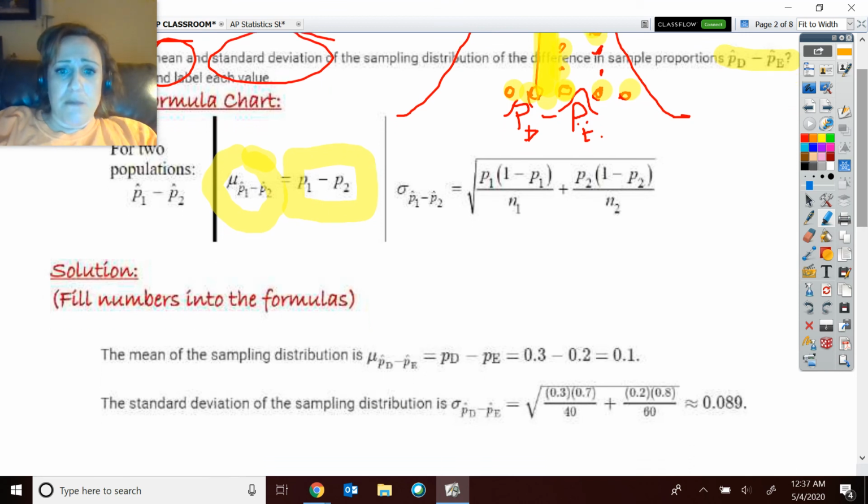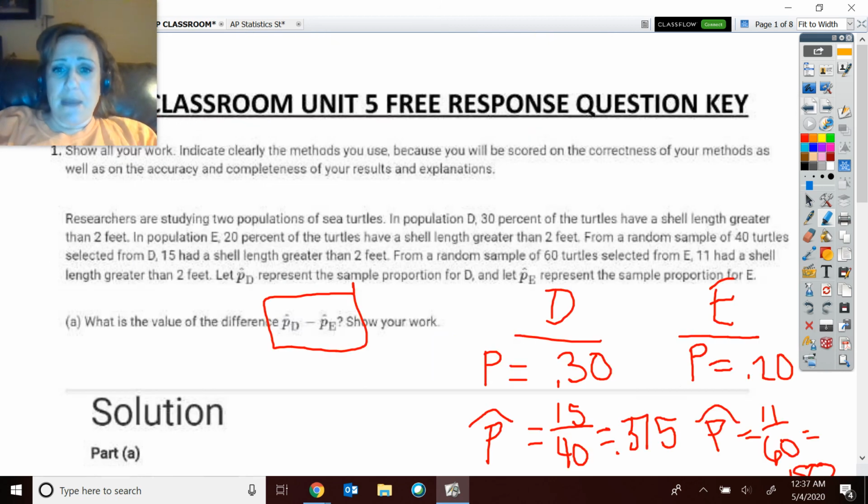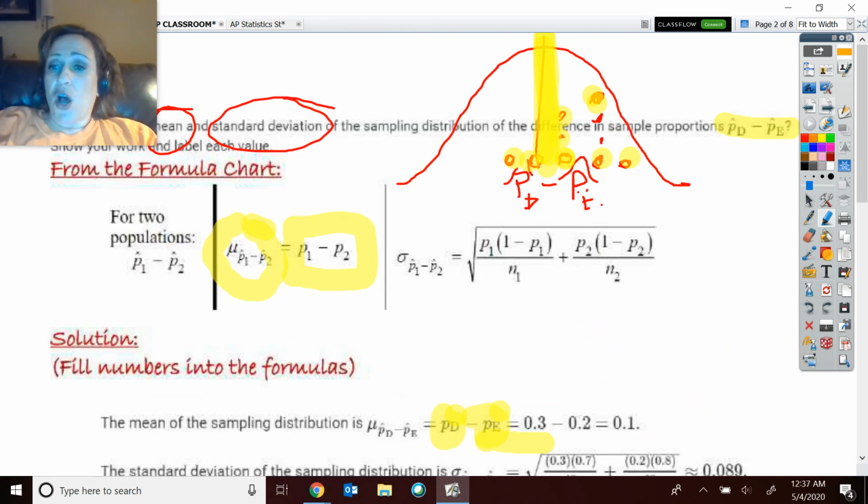Remember, the best it can be is if you use true P. So I have the population proportion for D minus the population proportion for E, 0.3 minus 0.2. I'm using these numbers here. All right, so that means all of these samples should be centered around a difference of 0.1.